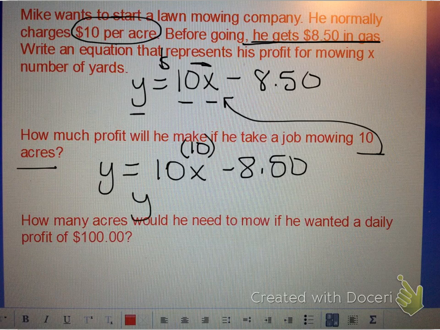So then I'm going to say Y equals 10 times 10, which is 100, minus $8.50. And so then he would make, what, $91.50?